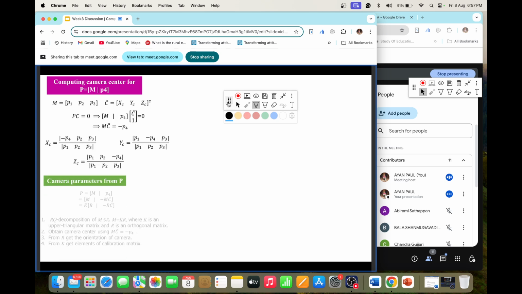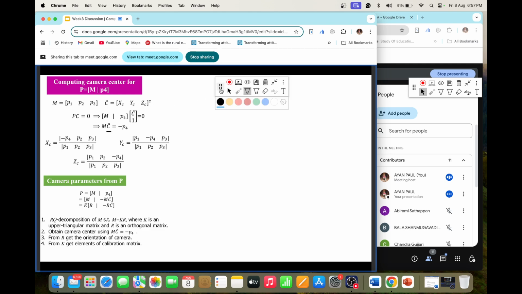C tilde is nothing but minus of M inverse P4, where P4 is the fourth column of our projection matrix, and M inverse is the inverse of the first three columns of this projection matrix. So this is regarding the camera center.